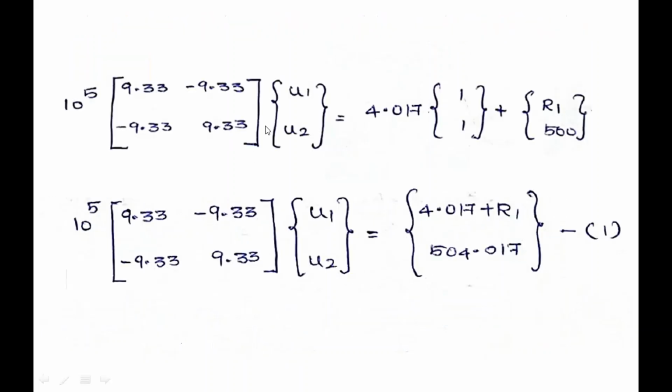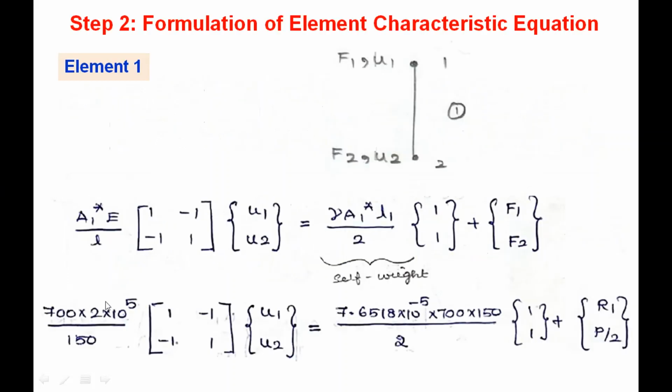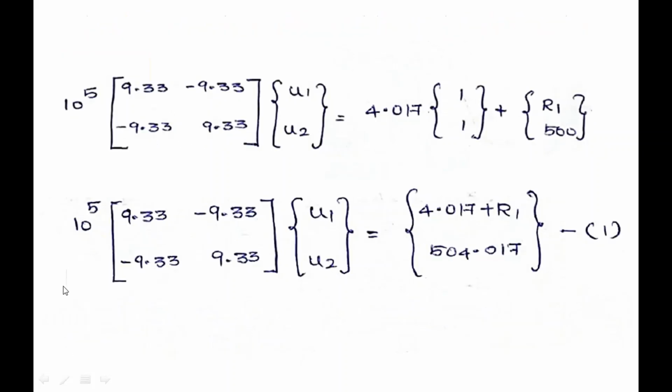Then we'll reduce this equation, taking 10 power 5 as common, with the other values taken inside the matrix, 9.33, minus 9.33. The 700 into 2 divided by 150 is equal to 9.33, which is taken inside the matrix.